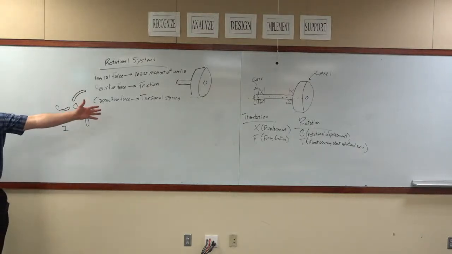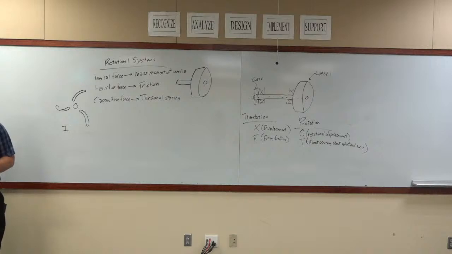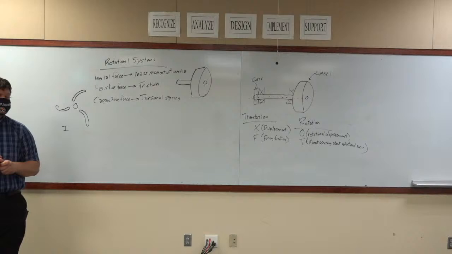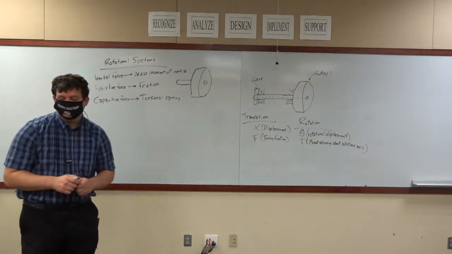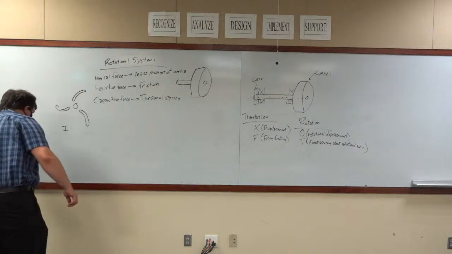All right, so I said that that system has the same components, has a dissipative force in there, has a capacitive force in there. I got to make good, and I got to explain how that works. So I will do that.